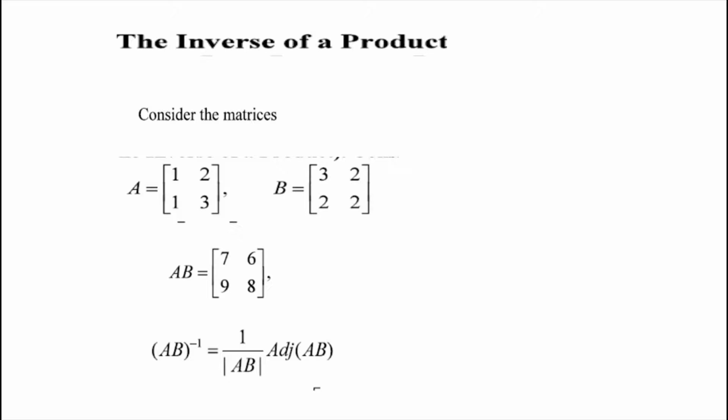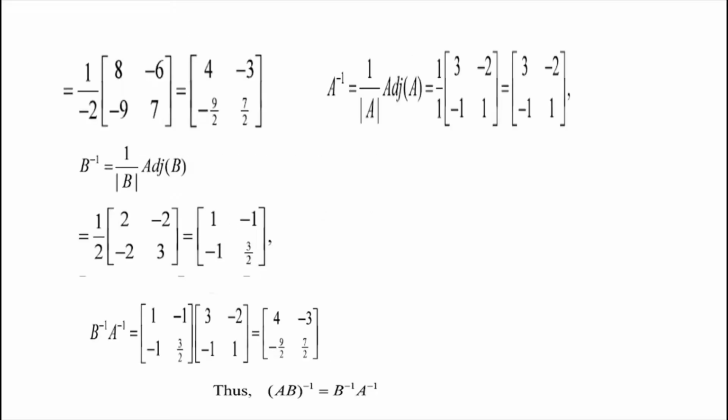To calculate the inverse of AB, we take the adjoint of AB and divide it by the determinant of AB, which is calculated here. The determinant is minus 2 and the adjoint is described in the given brackets in this matrix, and we obtain the inverse of AB as 4, minus 3, minus 9 by 2 and 7 by 2.